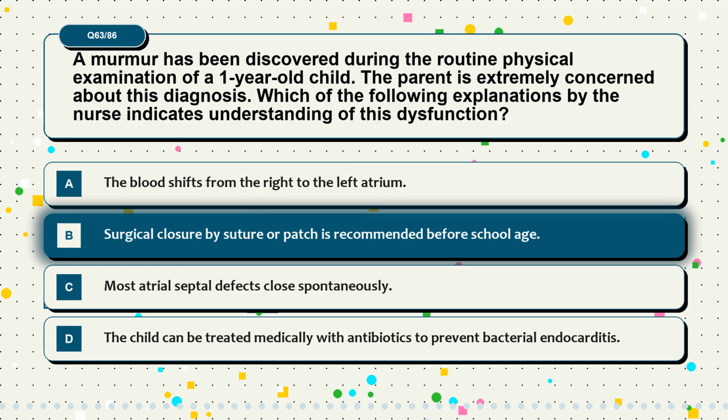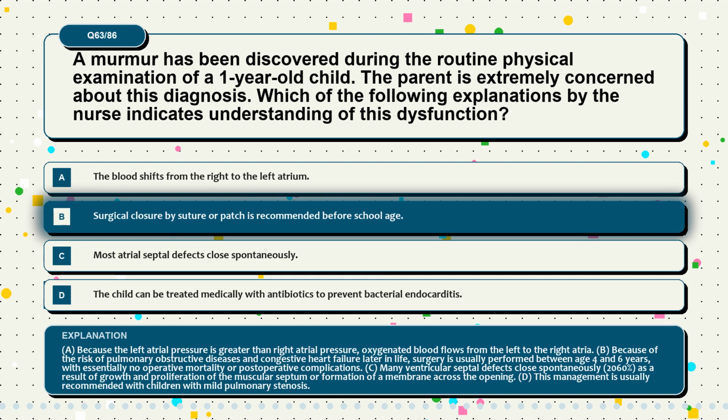The correct answer is option D. Surgical closure by suture or patches recommended before school age. A. Because the left atrial pressure is greater than right atrial pressure, oxygenated blood flows from the left to the right atria. B. Because of the risk of pulmonary obstructive diseases and congestive heart failure later in life, surgery is usually performed between age 4 and 6 years, with essentially no operative mortality or postoperative complications.